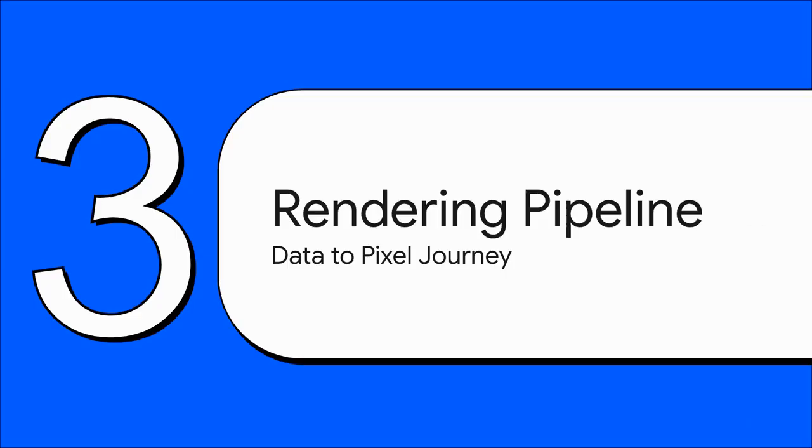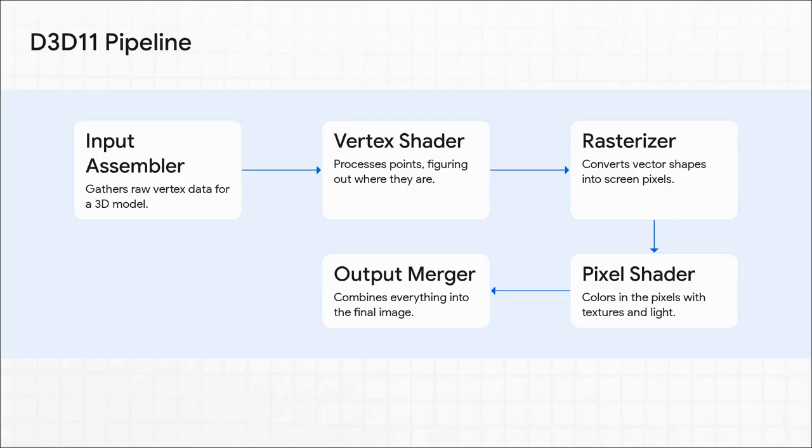Okay, now that we have the rules of engagement, let's follow a piece of data on its incredible journey. The best way to visualize the whole DirectX rendering process is to think of it as a super efficient factory assembly line. We call it the rendering pipeline. And this factory line moves at lightning speed. First, the input assembler gathers up all the raw data, like the corners of a 3D model.